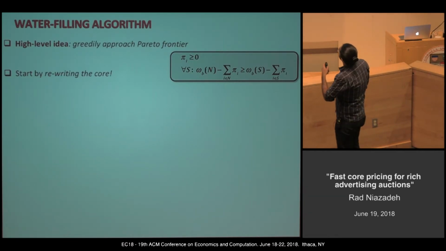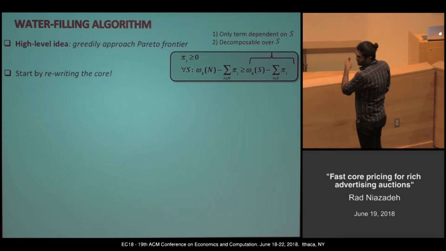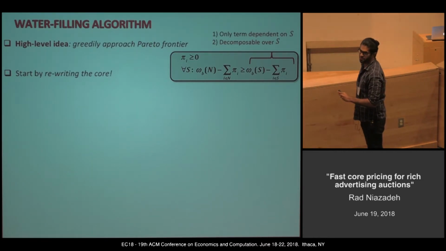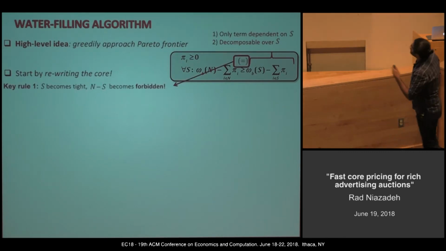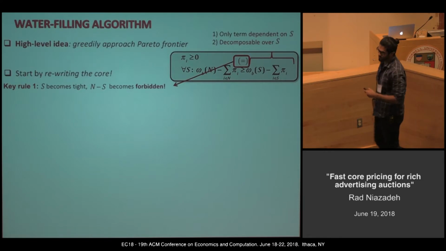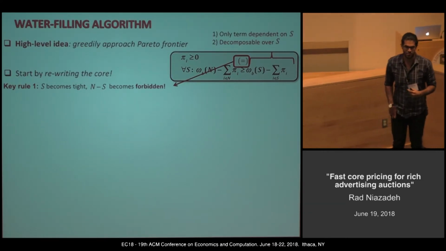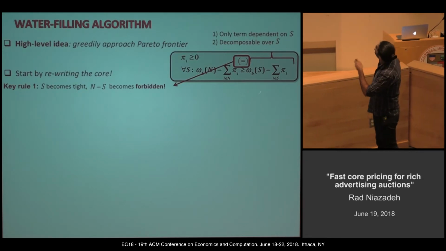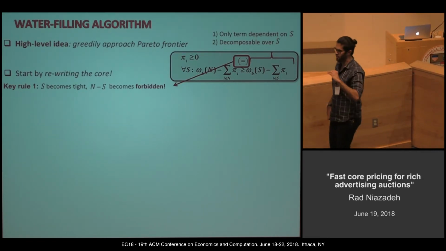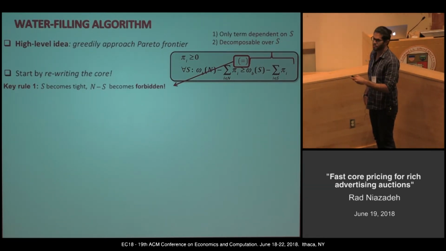Here is an interesting observation: that's also decomposable across players. Let me tell you another interesting observation. Imagine that for one particular subset S, the core constraint is tight. That means that if you want to increase the utilities pi_i, you cannot increase the utility of anyone who is not in set S, because if you do that, you will definitely go outside of the core.